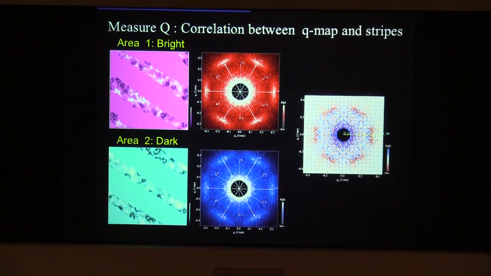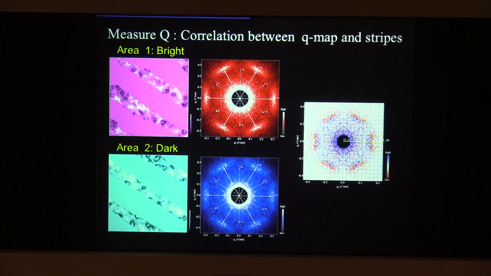Okay, so here's one area. This is the crest area, and this is the trough area. And here are the Fourier transforms. And actually, here's this subtracted from this. And if you look carefully, it's not very clear here, but this red line represents this, and the blue line right next to it represents this. So they're shifted.